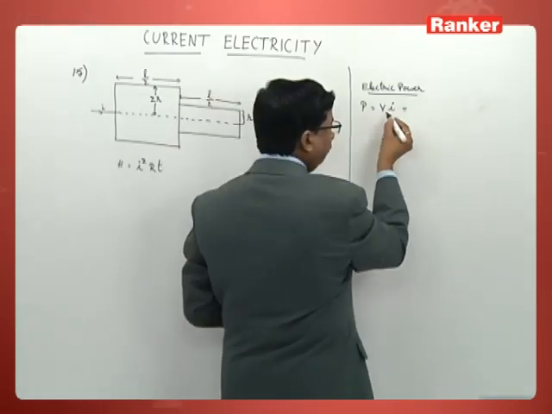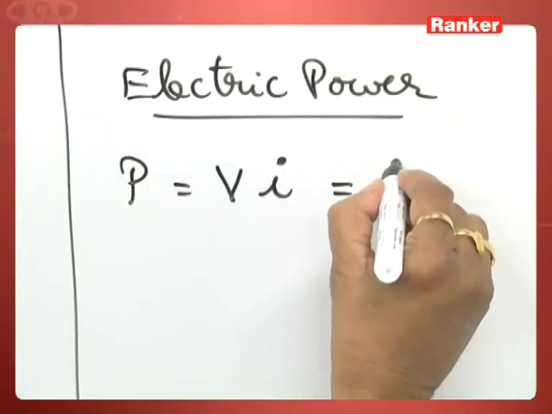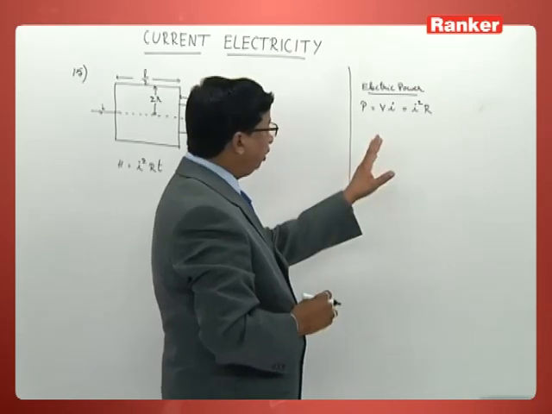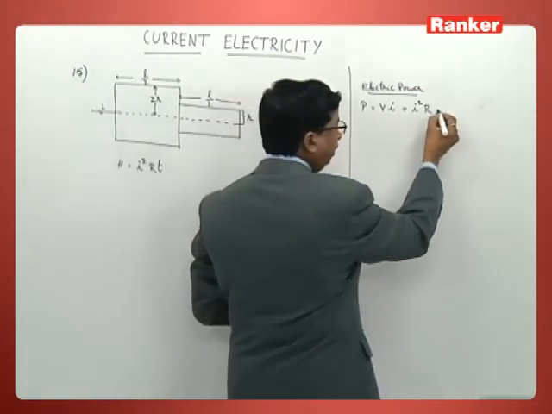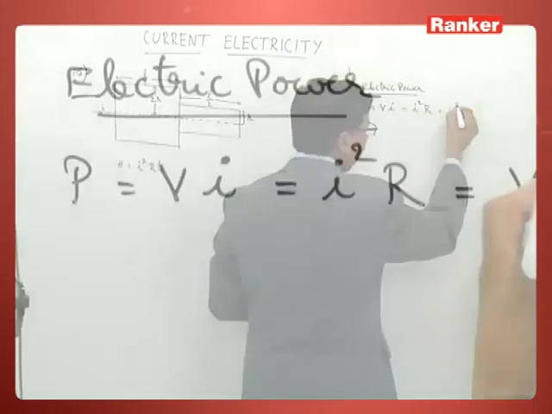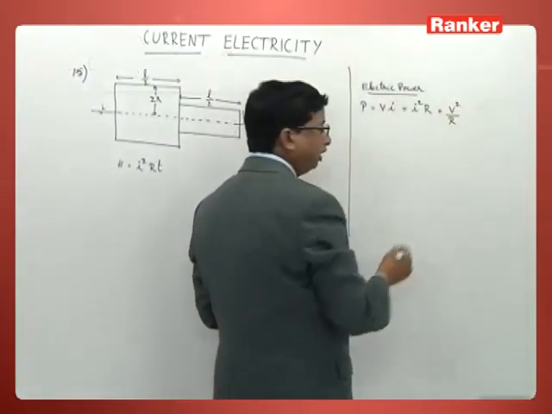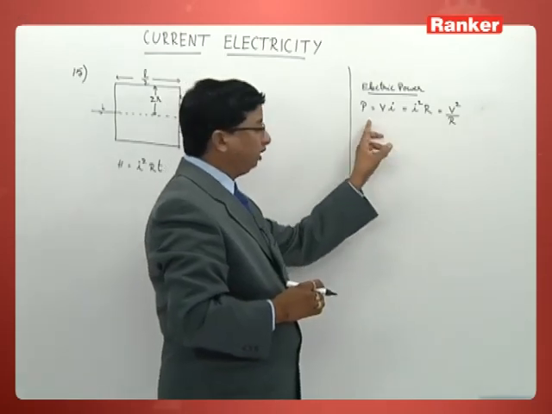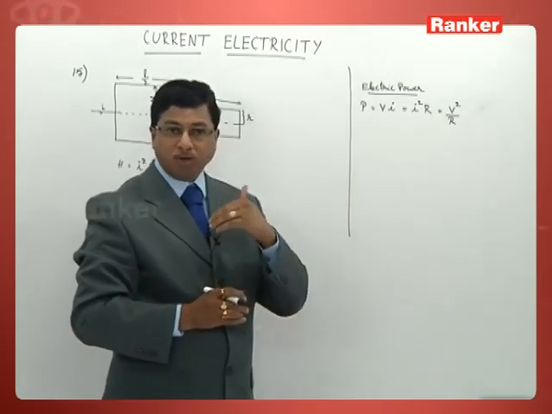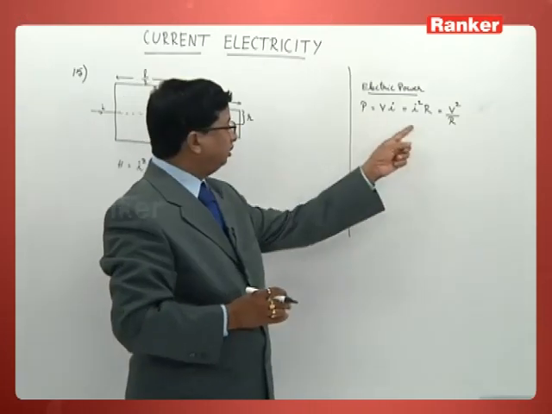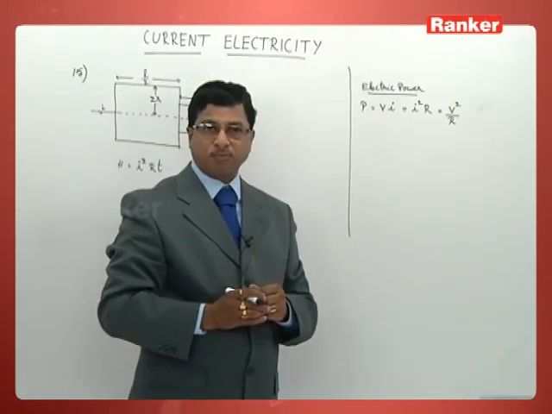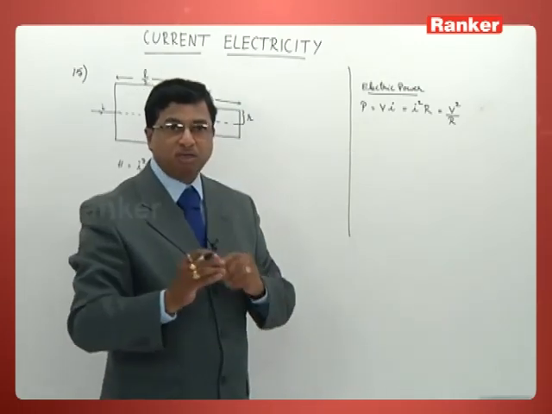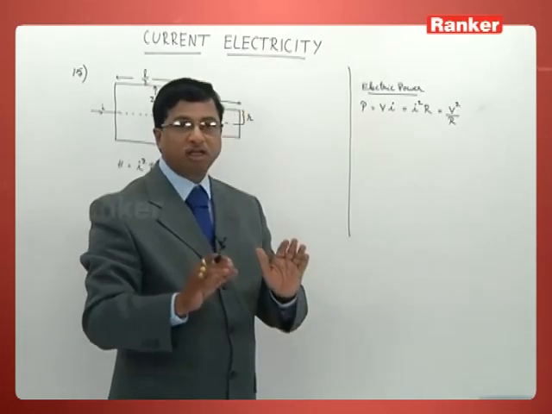Applying Ohm's law, V is IR, I can write I square R. According to Ohm's law, I can be written as V by R, therefore I can write V square by R. So whenever we want to calculate electric power, we can use either V into I directly, or I square R, or V square by R.